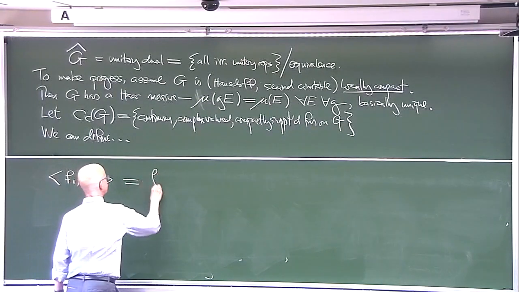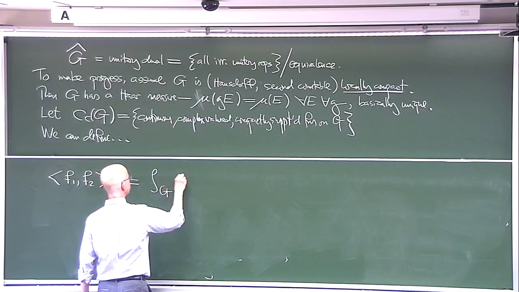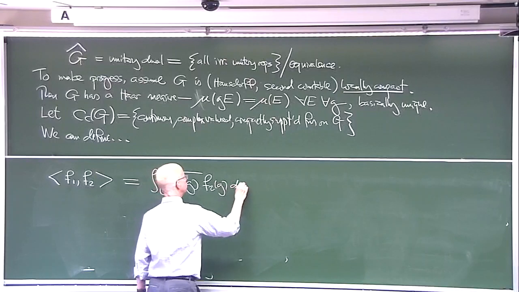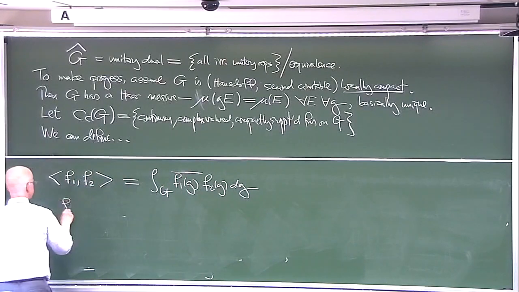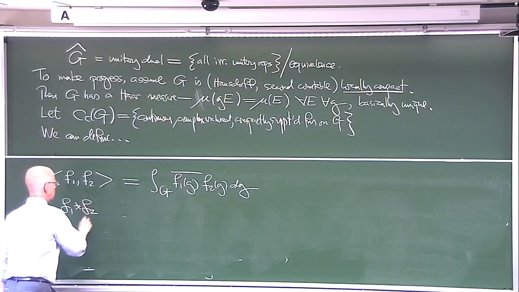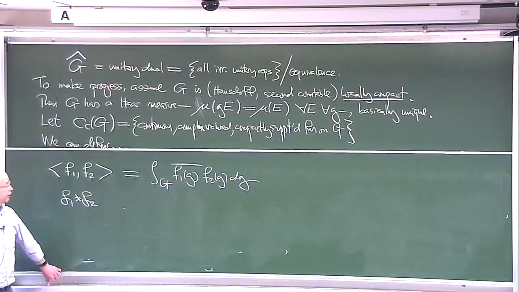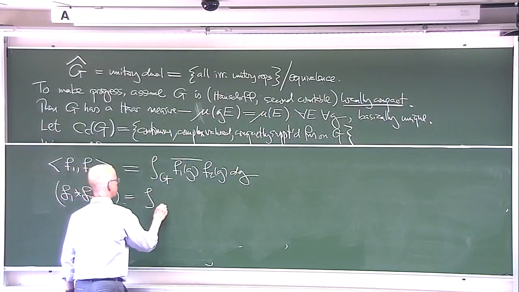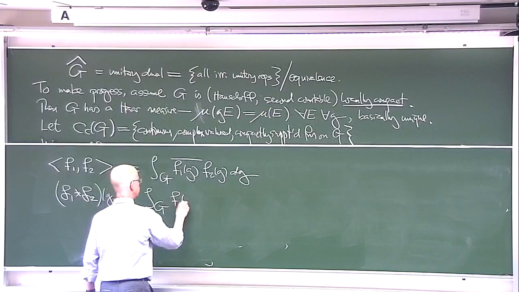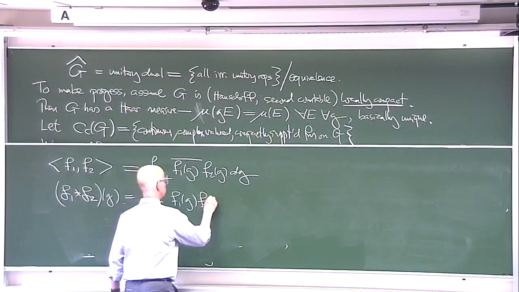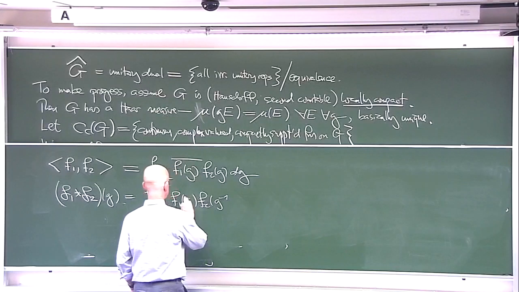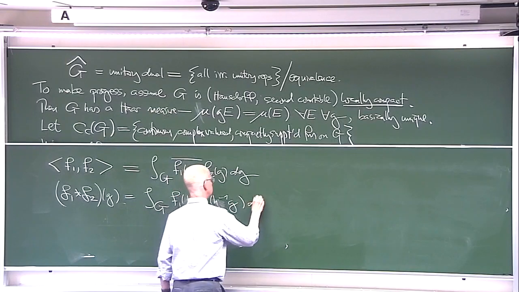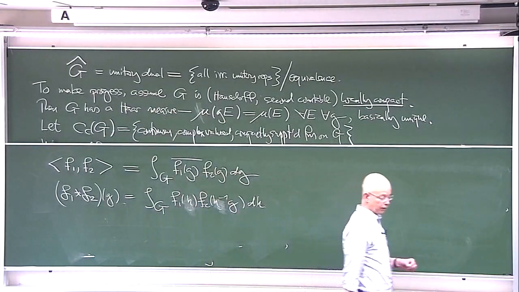Of course, there's the standard inner product, which is just the integral over G of f1 of g times the conjugate of f2 of g. This is a scalar, an inner product. The second thing you can do is define a convolution in this way, with the Haar measure integral over h.